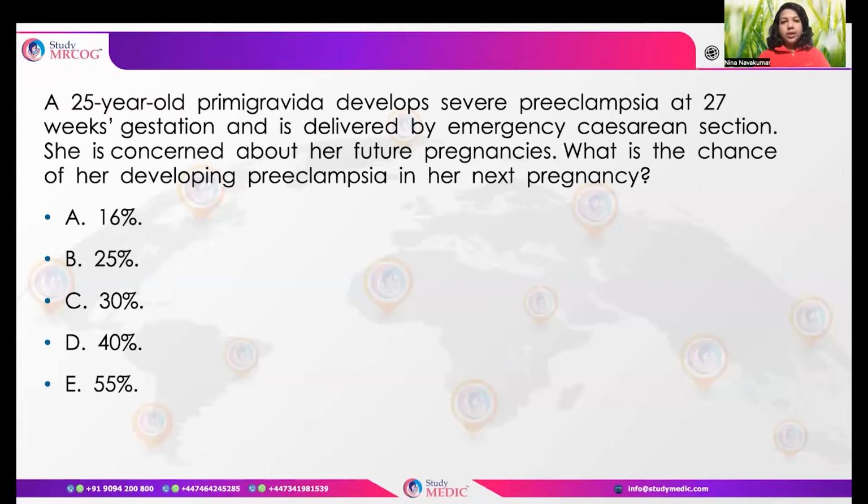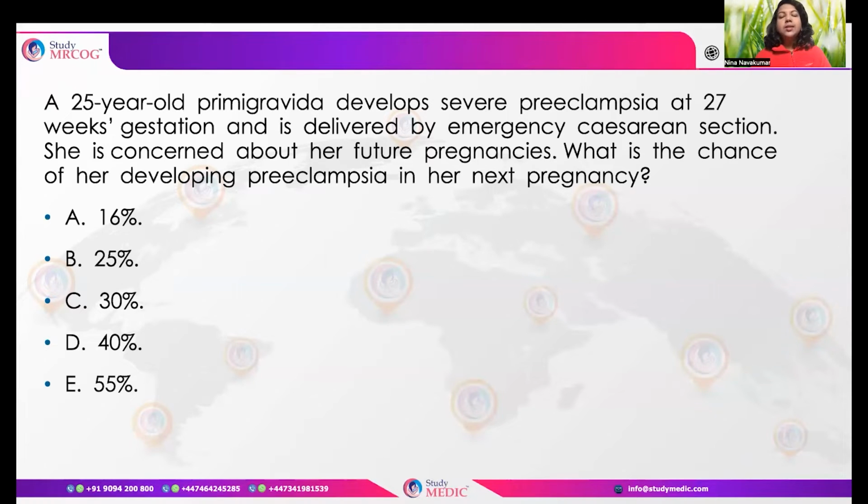Before moving on to the next question, I would like to give you a brief idea about the antihypertensive agents which we use in pregnancy. There are options where we can give oral preparations as well as intravenous preparations. The first line antihypertensive, according to the NICE guideline on hypertension in pregnancy, is labetalol.